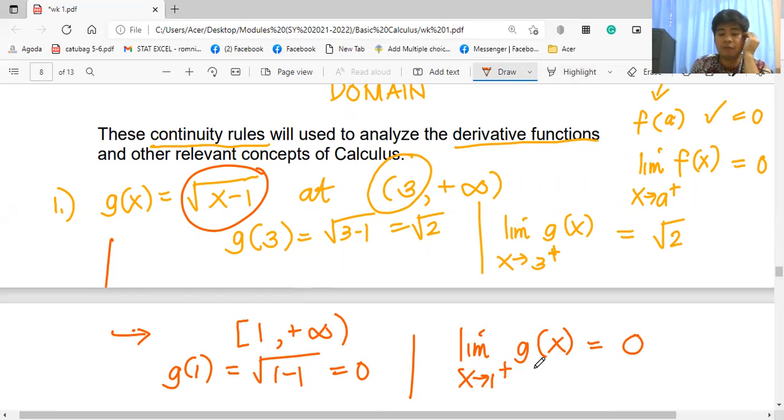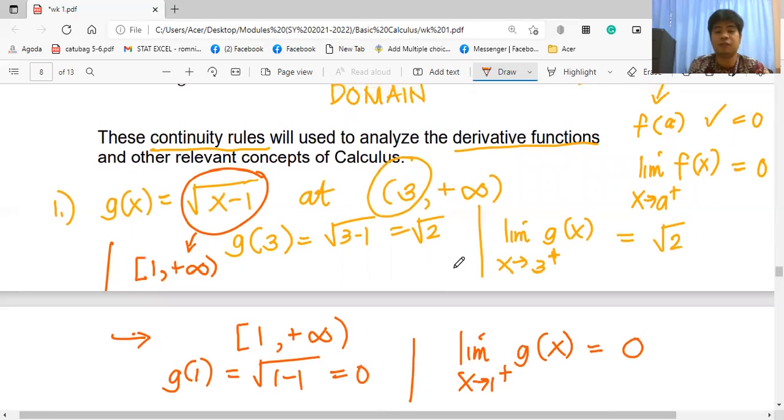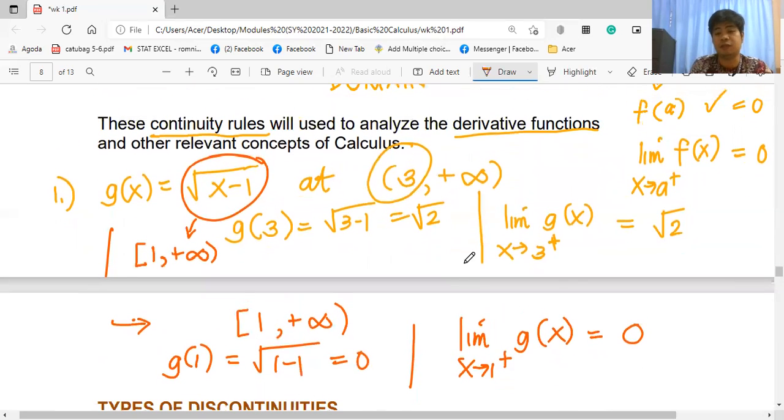The limit as x approaches 1 from the left will be DNE. Why? Because there is no graph on the left of 1. The domain of the square root of x minus 1 is the set of all real numbers greater than or equal to 1. And on the next video, let's talk about the types of discontinuities.